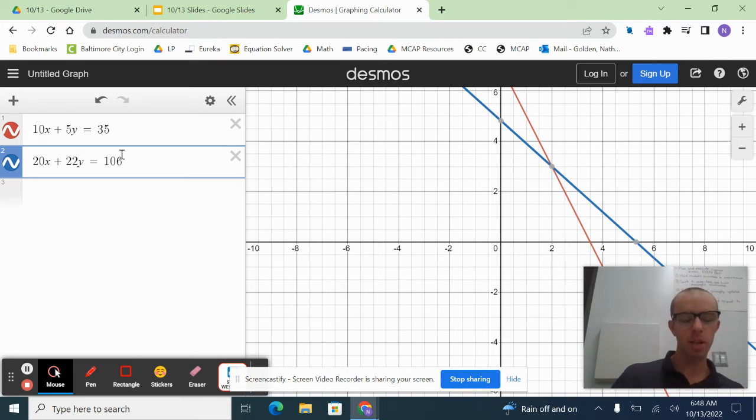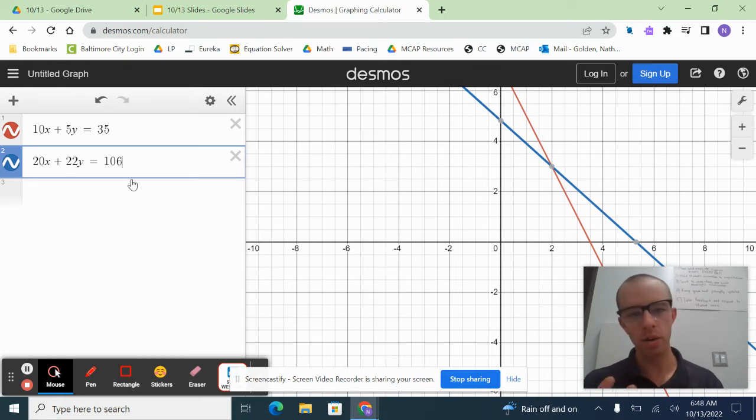Always make sure you double check to make sure you typed in the equations correctly. You don't want to get it wrong just because you typed in the equations incorrectly. So I see the solution here is always where the two lines intersect. And I see the solution is 2 comma 3.